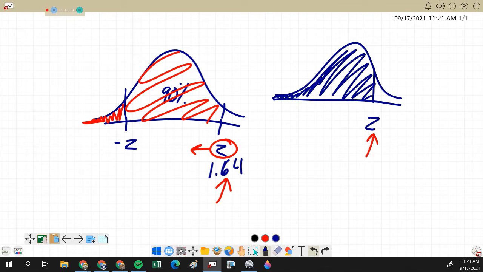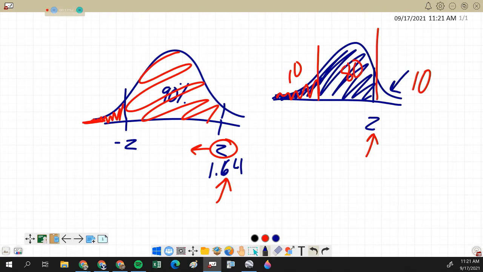So is there any way to create a central area there? I didn't draw my picture very well, but how much is here? 10, which means how much is here? 10, which means the middle is 80.